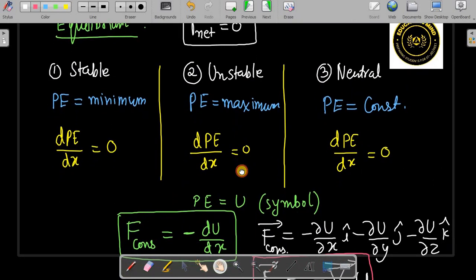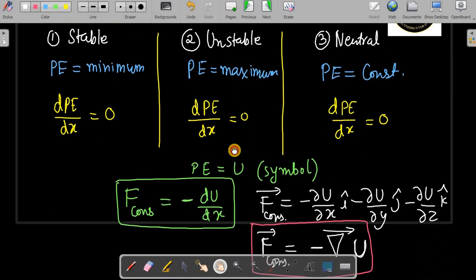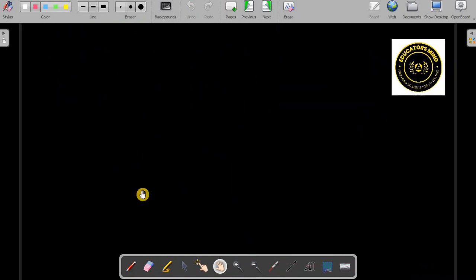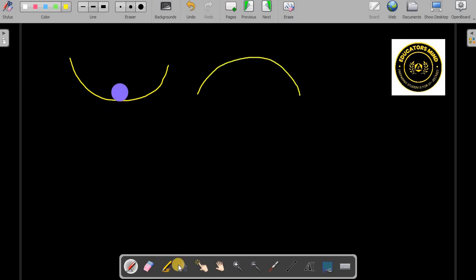Equilibrium, different types of equilibrium. You want to understand with one example, let us take this. So if you consider like this, let's say a body is lying here at the bottom most, then there can be a body which is lying here at the top most, and there can be a body which is lying at some height which is constant, right?